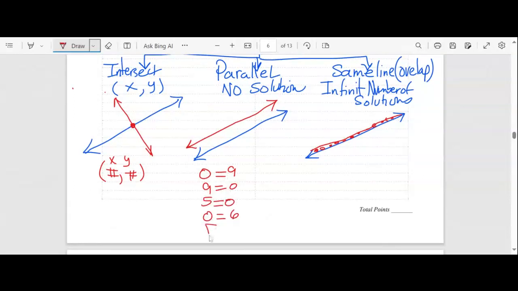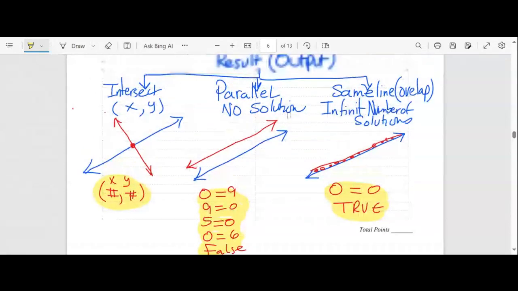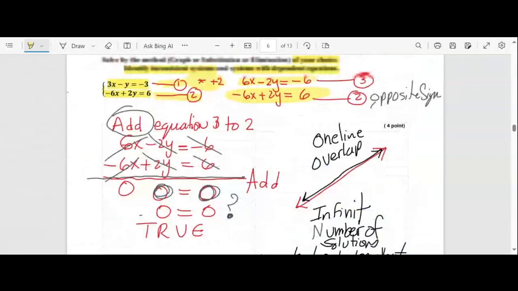So it's always false, because it's not true. This one, you're always going to get 0 equals 0. It's always true. Is this clear? Because this is very important, what you see now, those numbers. Not always are you going to be graphing. Sometimes you're going to do substitution and sometimes addition. Is this clear? Yes. Let's go to the next one.